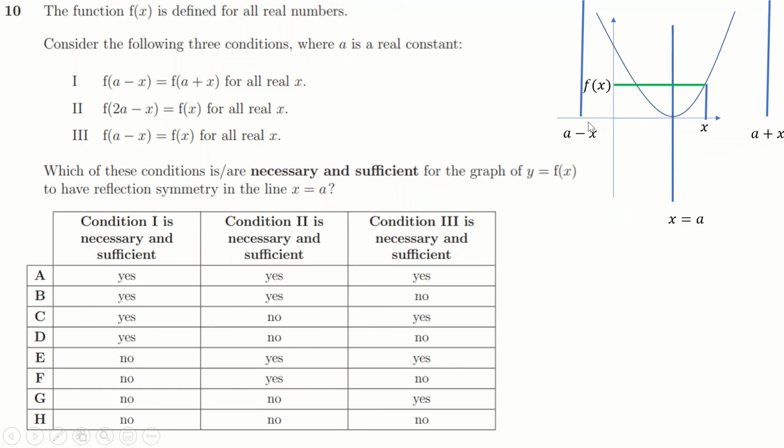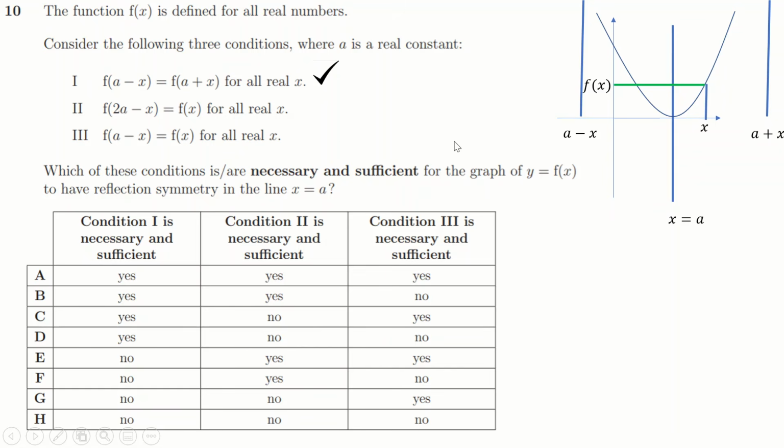Because going from a to a minus x is a distance of x, and the distance from here to here is also x. So you're traveling the same distance across this way as this way. And because this graph is symmetrical, remember I chose a symmetrical graph, that means that the outputs are the same. So this is fine.